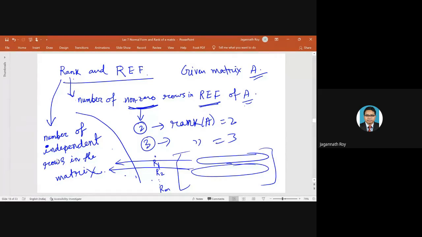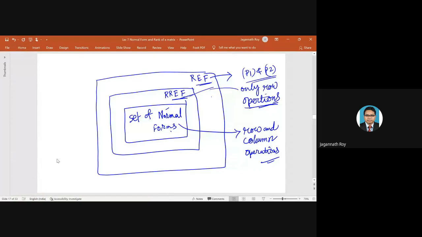Okay. So we can see that if we get either the reduced row echelon form or row echelon form, or if we can find the normal form, then from the normal form also we can directly get the rank of the matrix.